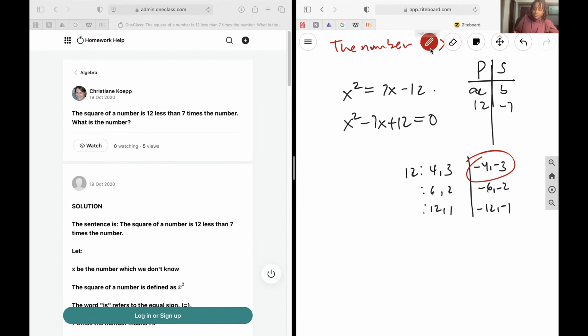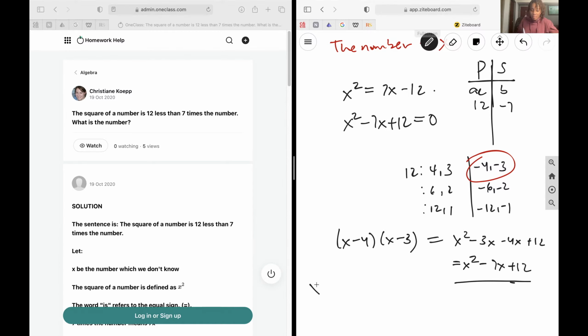So my two factors are going to be x minus 4 and x minus 3. If you'd like to factor it out, you'll get x squared minus 3x minus 4x plus 12, which is x squared minus 7x plus 12.